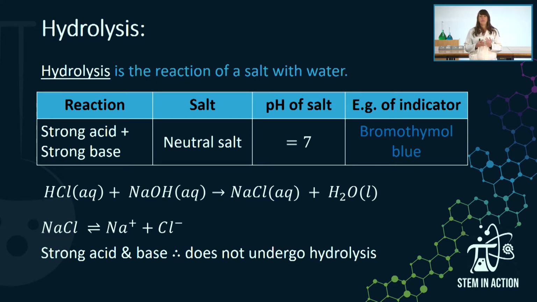We know the definition of a strong acid or a strong base is that it ionizes or dissociates completely, which means it wants to stay in its ion form. And so, remember, hydrolysis is the reaction of a salt with water. Because those ions want to stay in solution, they are not going to react with water, and therefore the salt from a strong acid and base does not undergo hydrolysis.